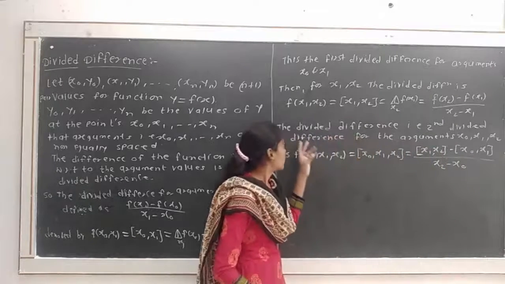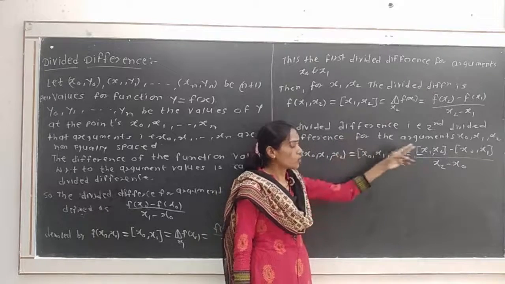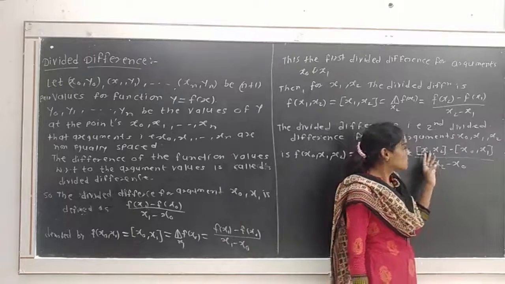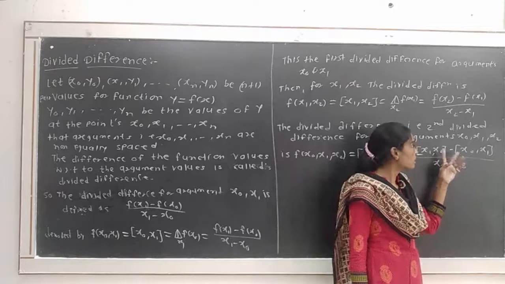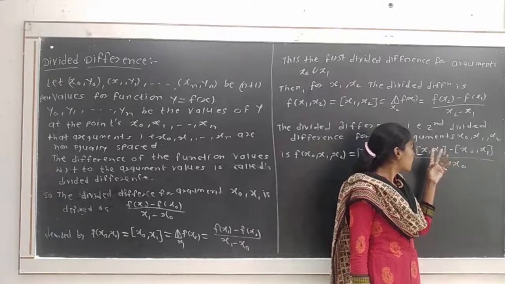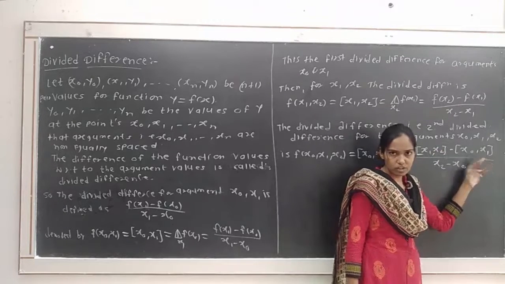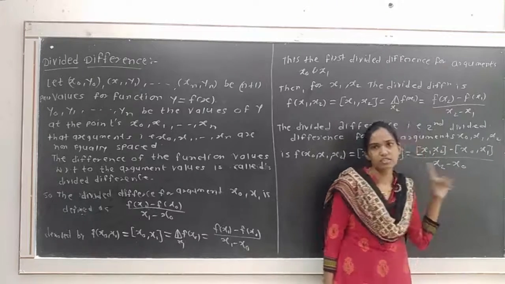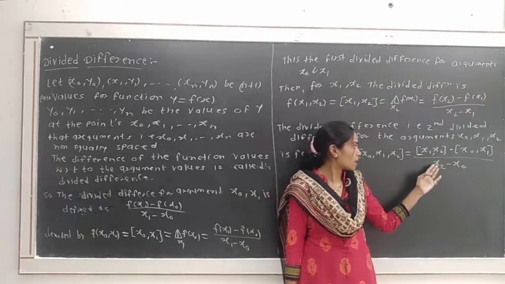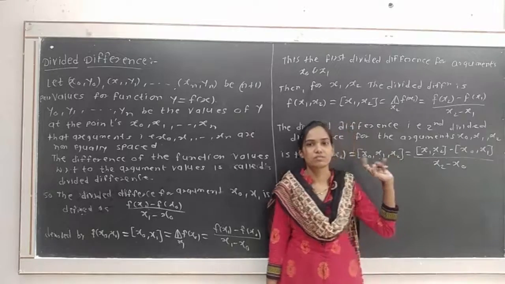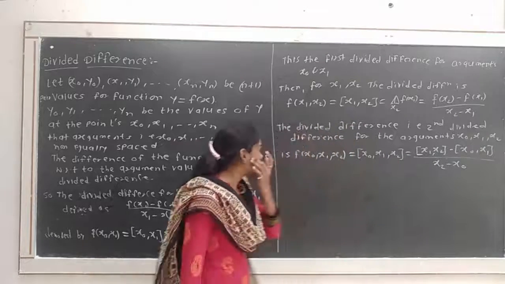That is, the second divided difference for the three arguments is the difference of the divided differences, divided by the last argument minus the first argument.